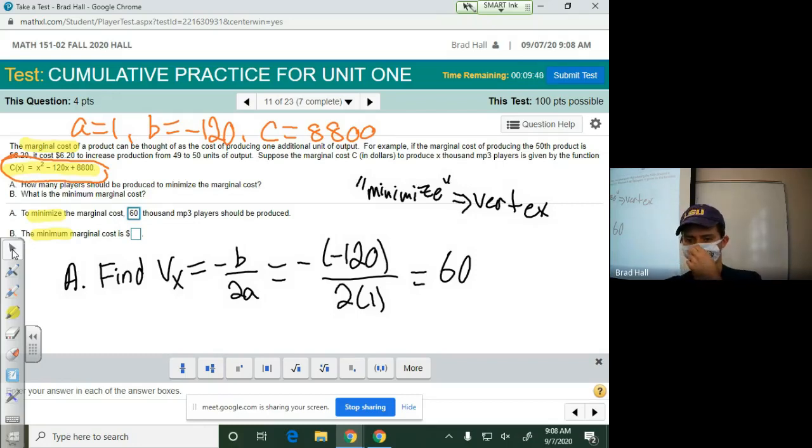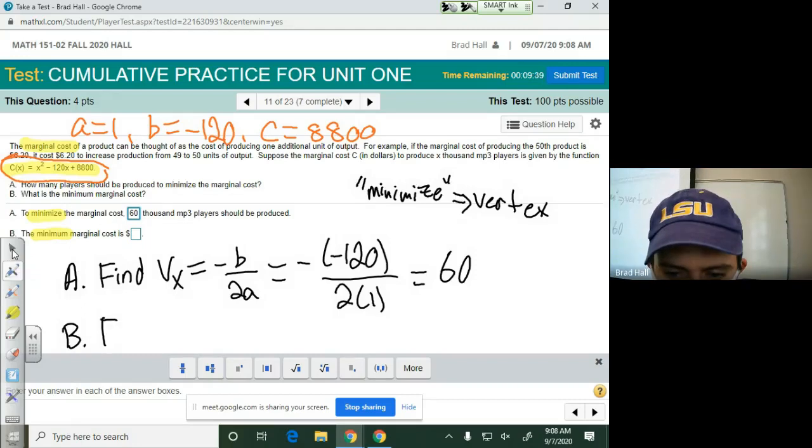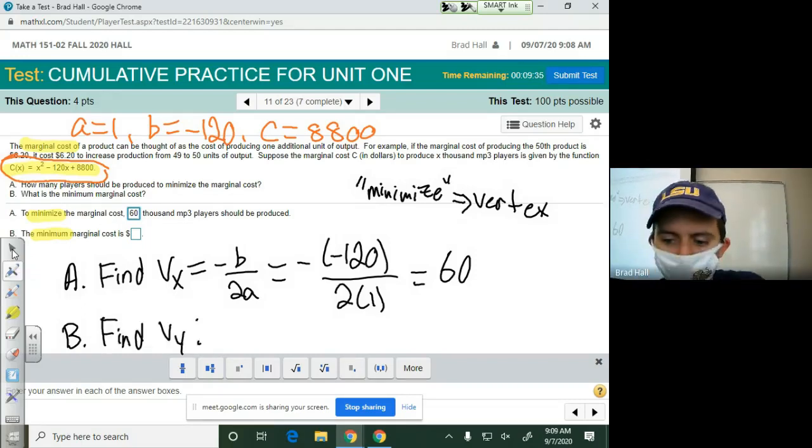And then it wants us to find the minimum marginal cost. So for part B, naturally, wants us to find the y coordinate of the vertex.